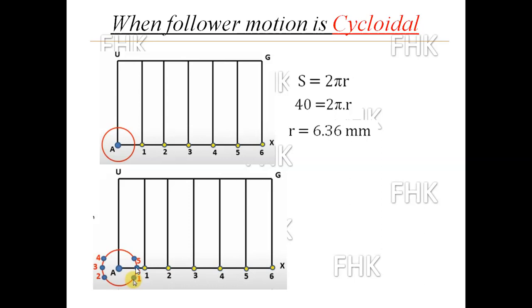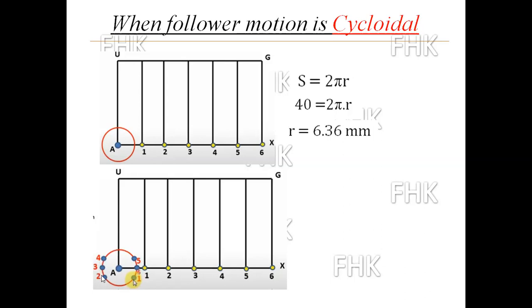So this will be 0 and this first part will be number 1. Each part will be 60 degrees, so this complete circle will be 360 degrees. Give the numbers like this: 1, 2, 3, 4, 5, 6.